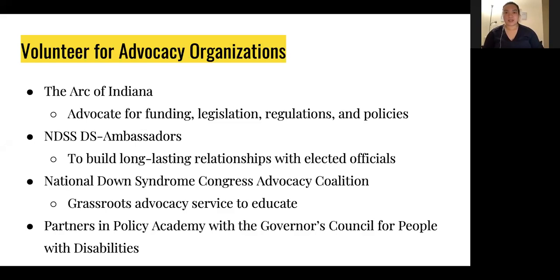The NDSS, DS Ambassadors, help build a long-lasting relationship with officials. The National Down Syndrome Congress Advocacy Coalition is a grassroots advocacy service that educates individuals with Down syndrome, their friends, families, and other allies on public policy.